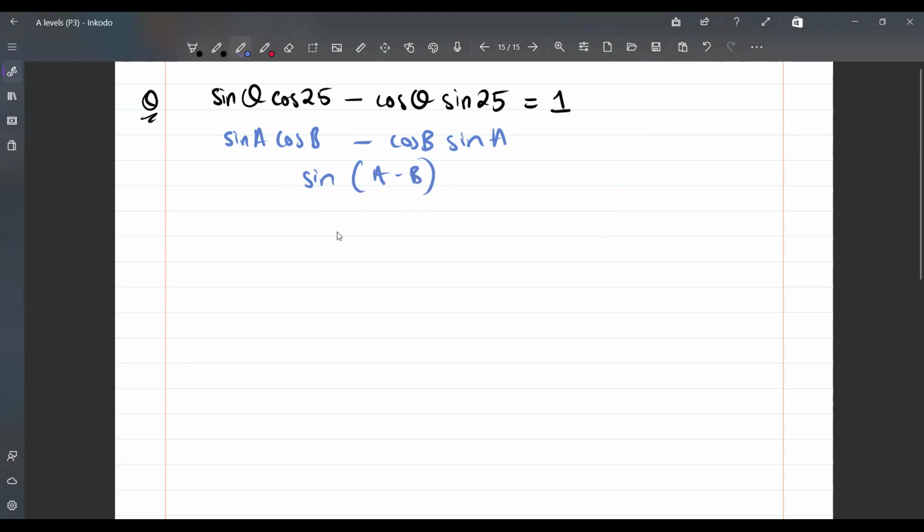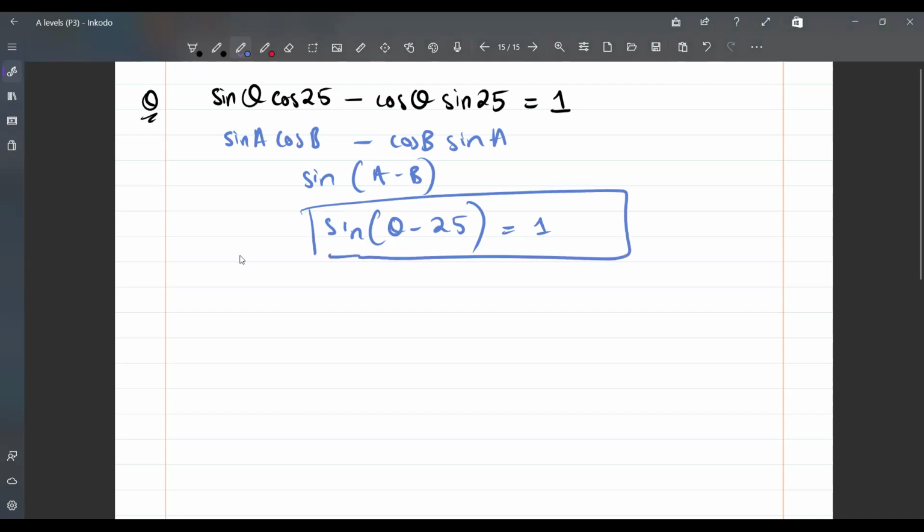So what we are going to simply do is write it as sine theta minus 25, which is 1. Now, if you solve it, which is very basic, you are going to get the answer, if the relevant range is given. I'm not going to solve it because it's very basic. This was just to give you an idea of how things really work out here.